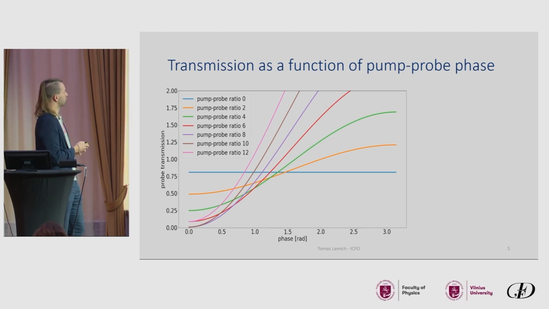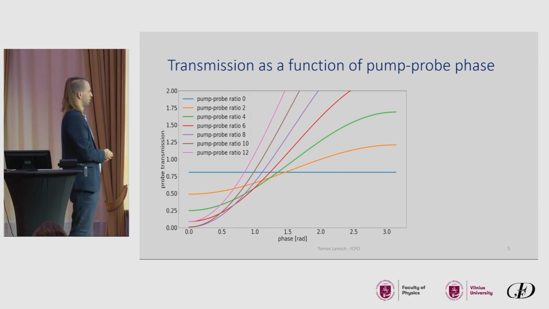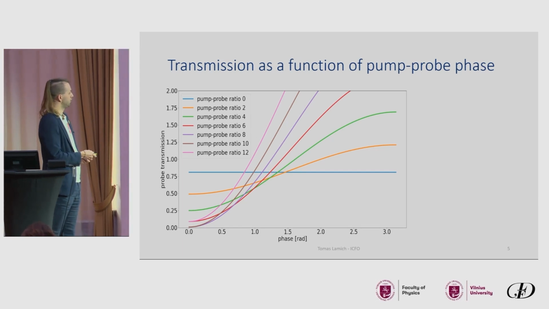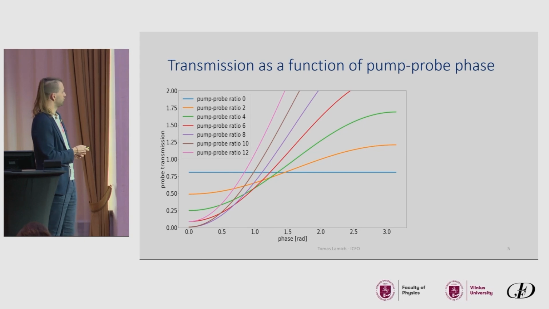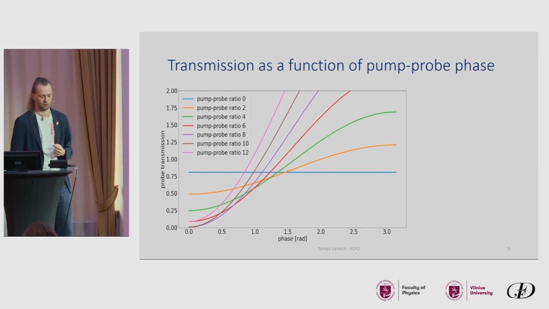But once we start turning on the pump and increasing its power, then we see that for phase equal to 0, our transmission goes lower until it reaches the inflection point and then starts increasing again. But if we have very bad phase definition and we might drift all the way into here, we never see a decrease in transmission. We only see some increased transmission because we have constructive interference at that point.